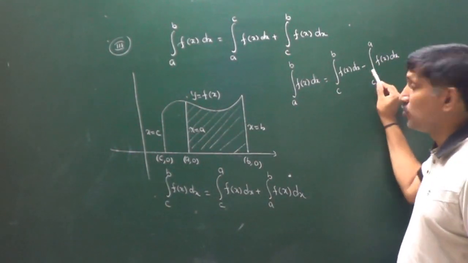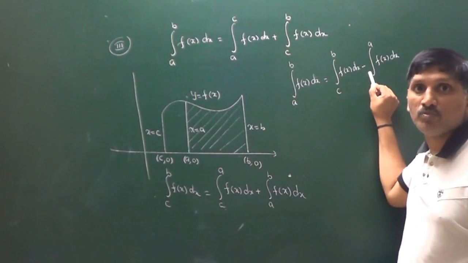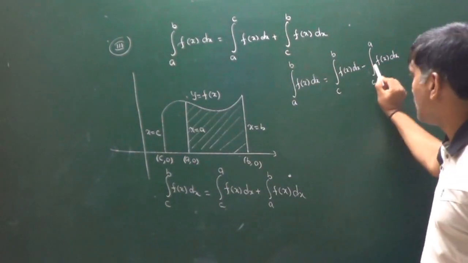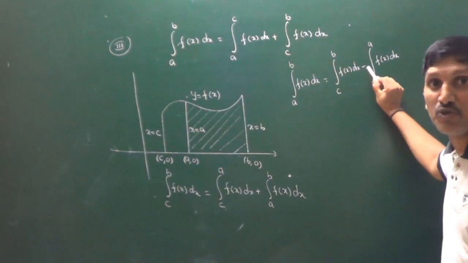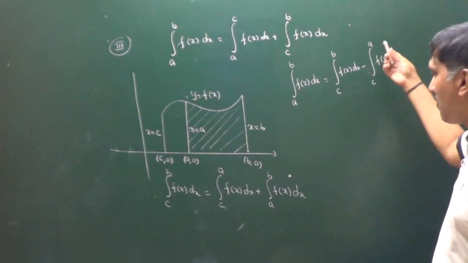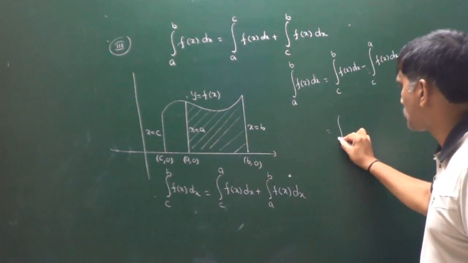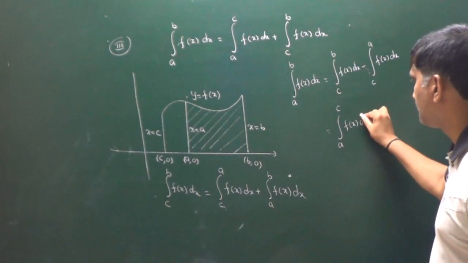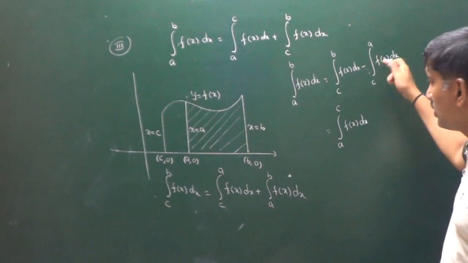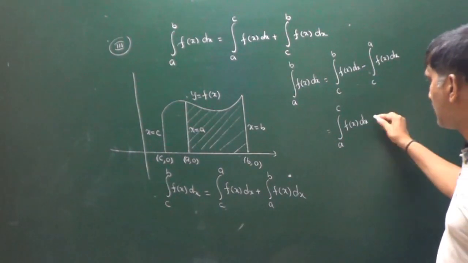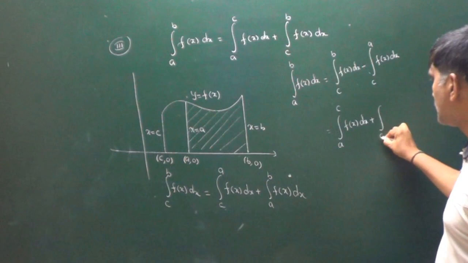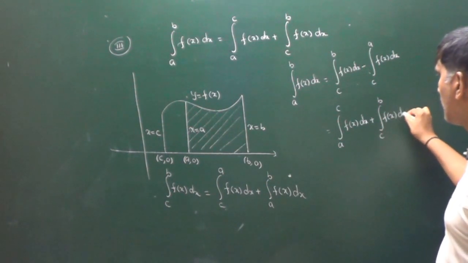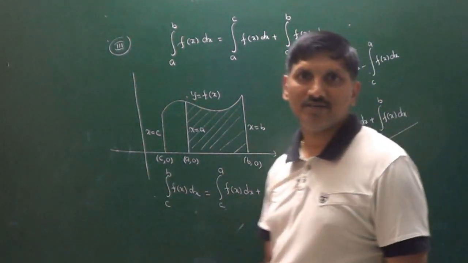Now I want to remove this minus sign. How to remove it? According to the second property on definite integrals, if you want to remove the negative sign, interchange the limits. Come on, interchange the limits. That is equal to integral a to c f of x dx. Remove this negative sign, and written here, plus integral c to b f of x dx. There ends the matter, right?